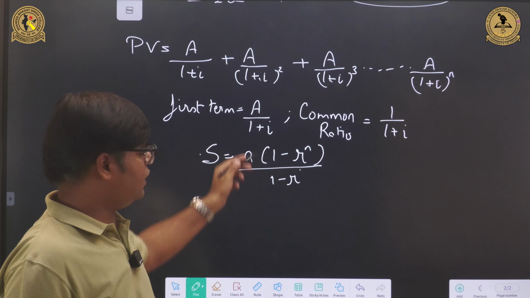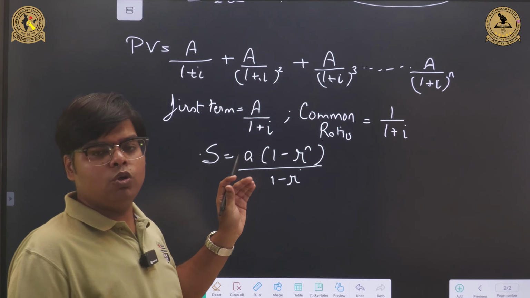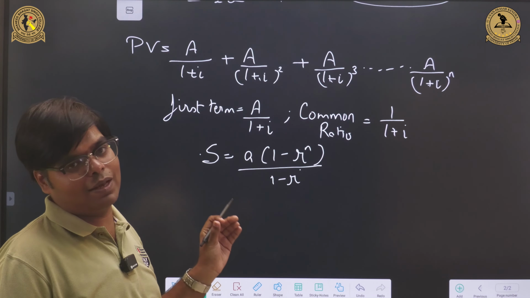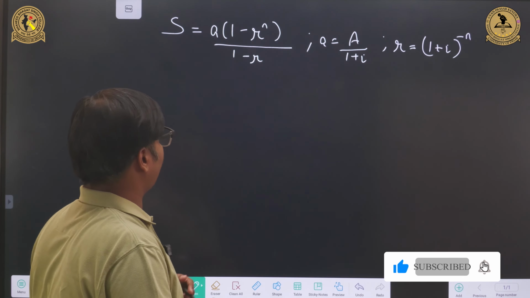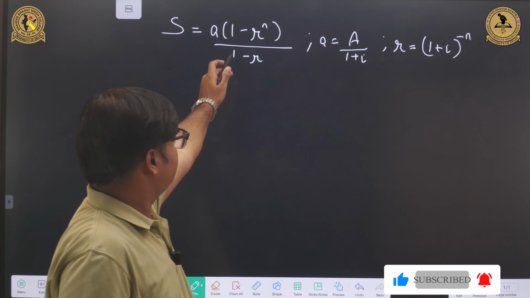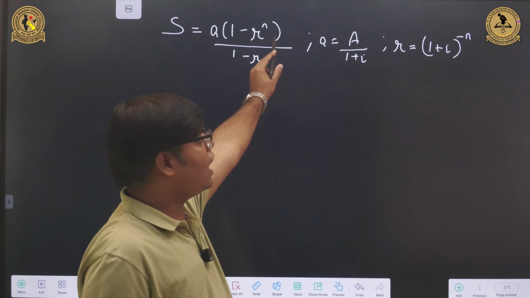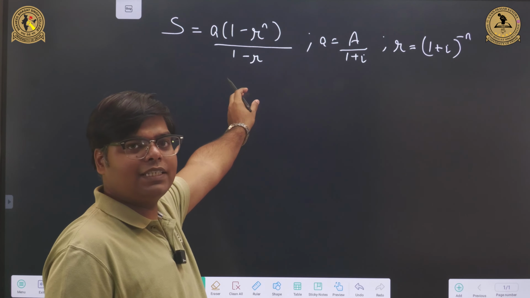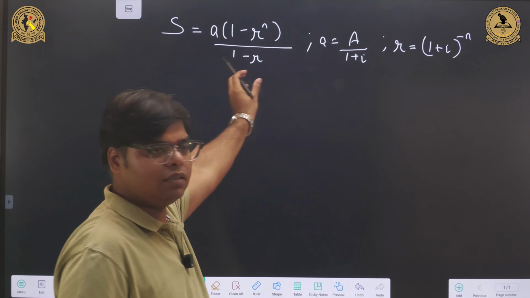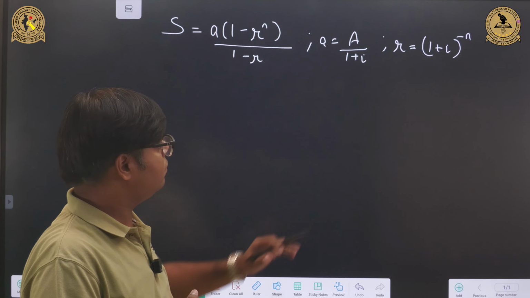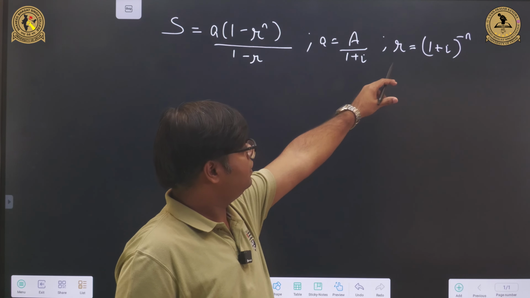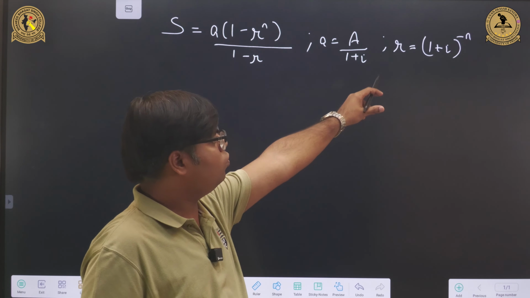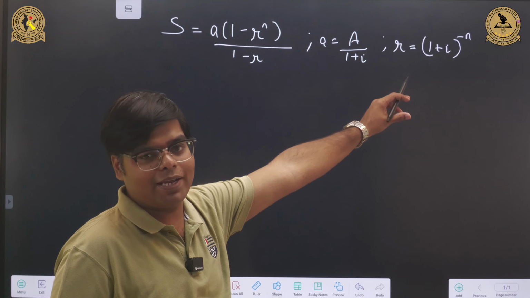Now let's put this information in this formula to derive the formula for present value of series of cash flows. Now the sum of geometric progression is equal to A multiplied by 1 minus r raised to power n divided by 1 minus r. Herein A represents the first term, which is equal to annuity divided by 1 plus i, and the common ratio is equal to (1 plus i) raised to power minus n.